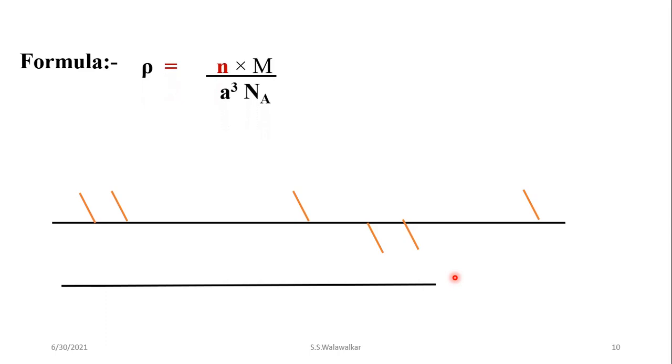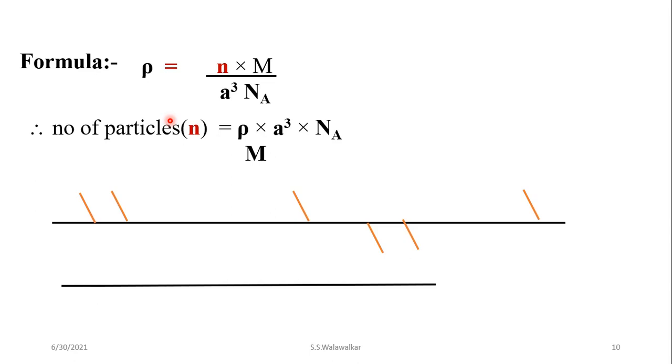So what is our formula? Density is equal to, that is rho is equal to n into m divided by a cube into Na. Therefore n, that is number of particle, is equal to rho into a cube into Na divided by m, that is density into volume of unit cell into Avogadro's number divided by molar mass of the substance.